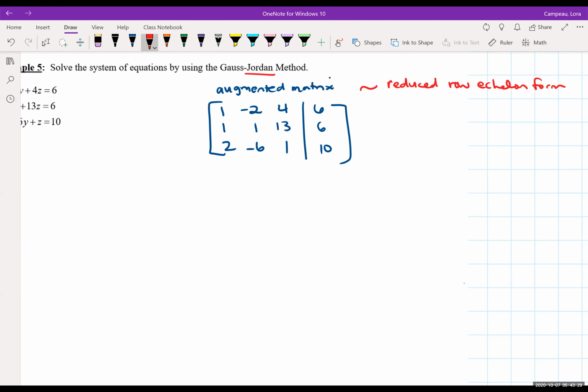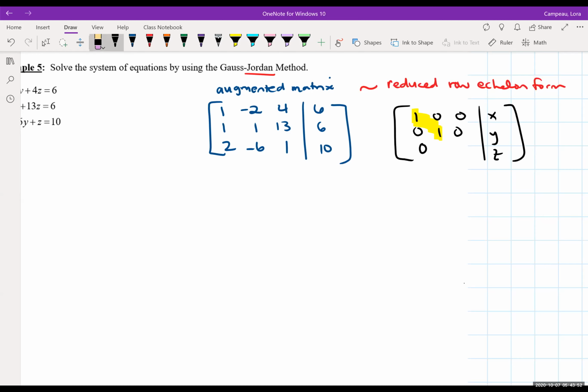And if you remember from some of our previous practice, if something's in reduced row echelon form, we have that diagonal of ones. Just like, oh, excuse me. See what happens when I multitask.